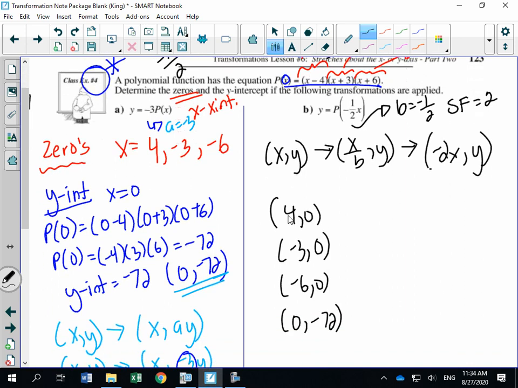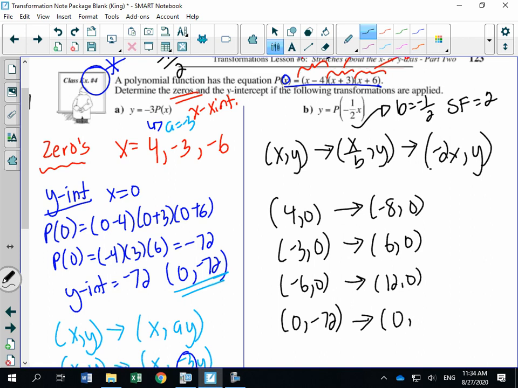So to each of these x coordinates, we're going to multiply by -2. My y stays the same. So multiply each of those x coordinates by -2. That gives 12, 0, and 0. So this one doesn't change.